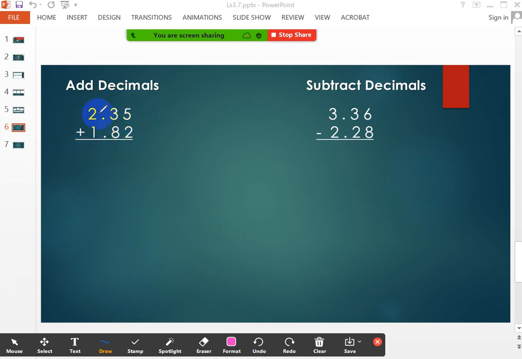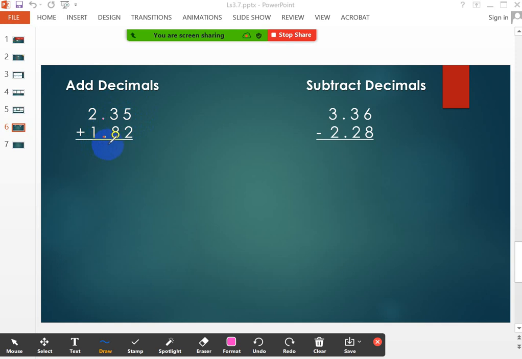First, I will put the points under each other, and this is very important. The most important thing is the decimal point must be under each other. Then I will order the numbers before the point, which is the ones digit, and the digits after the point, which are the tenths and the hundredths.